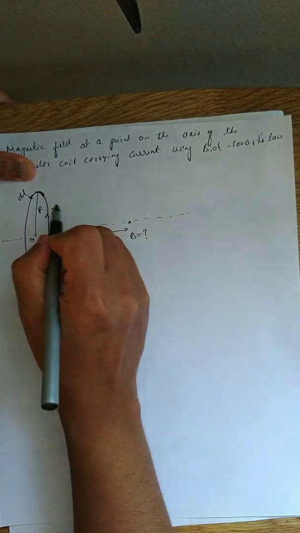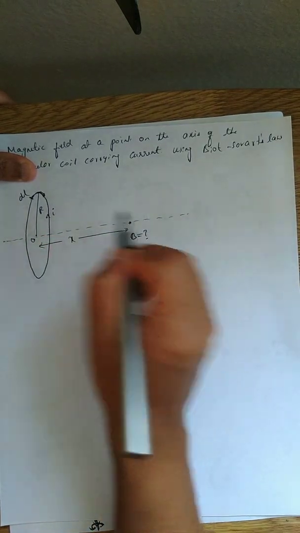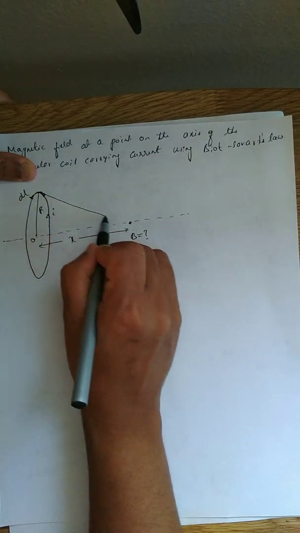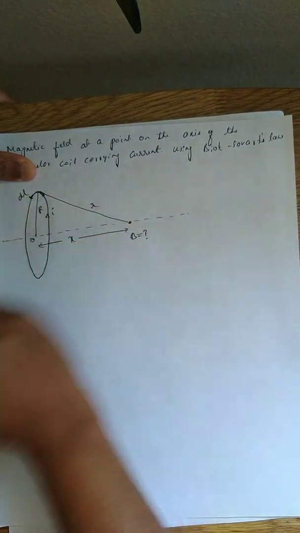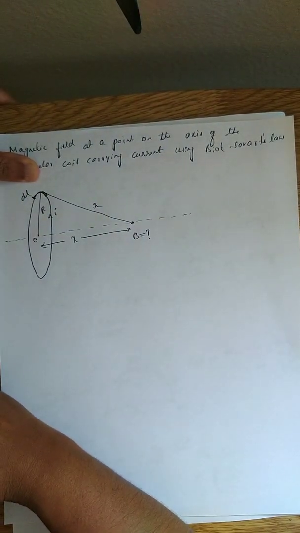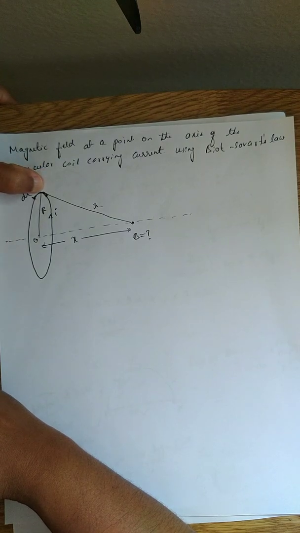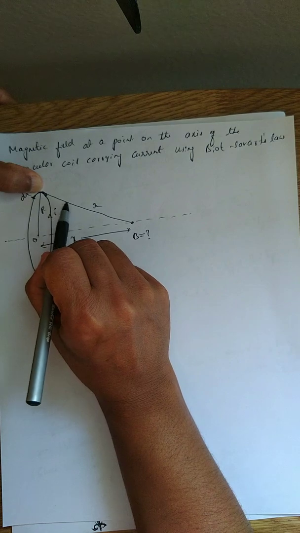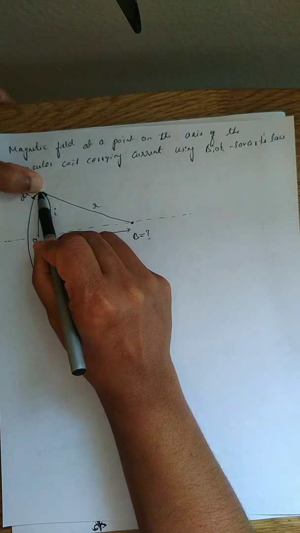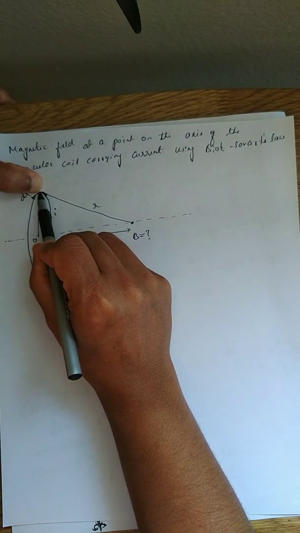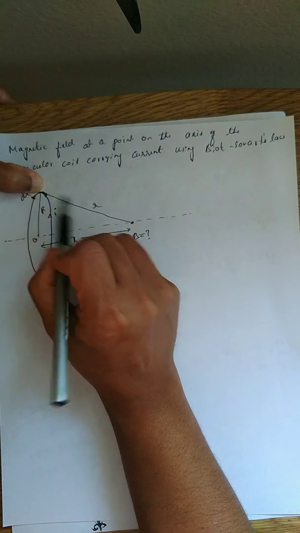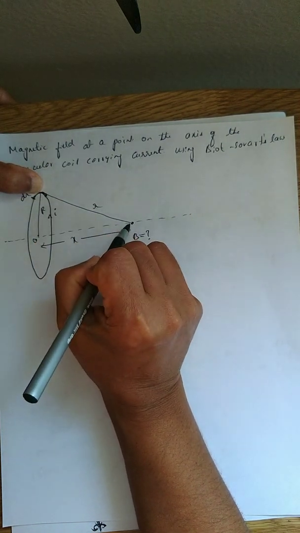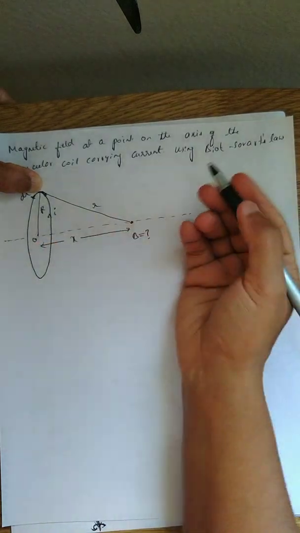Now what's the radius vector to the point? Say this point is at a distance r from this current element. Now remember, the coil is in the YZ plane. How do you draw the radius vector? First you have to imagine a tangent to the current element, and the radius vector is the perpendicular distance of the point from the current element.